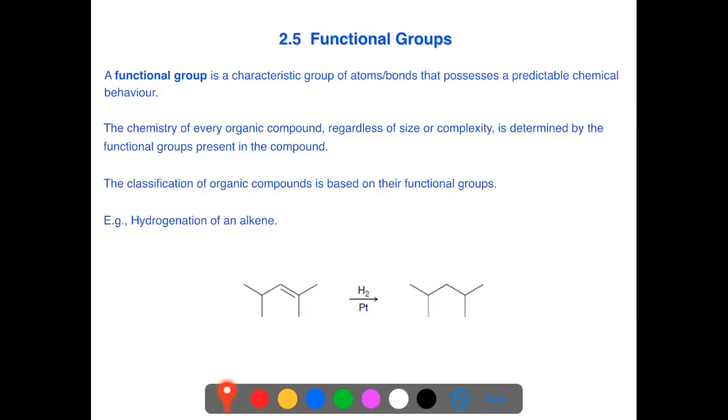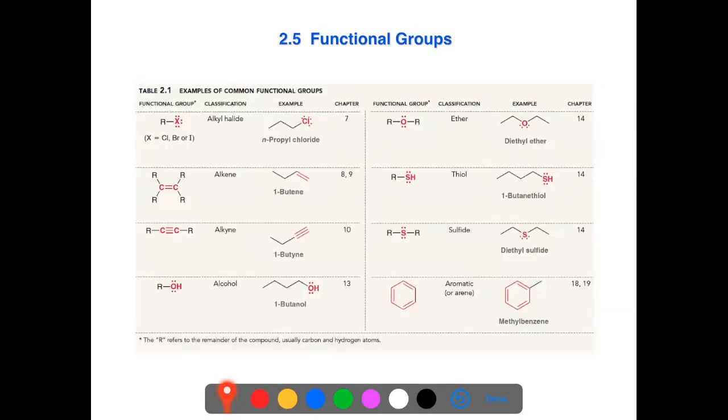Now, the next two slides are tables that identify the various functional groups that we commonly observe in organic chem. And we won't look at in detail all of these functional groups, but we'll look at a number of them.